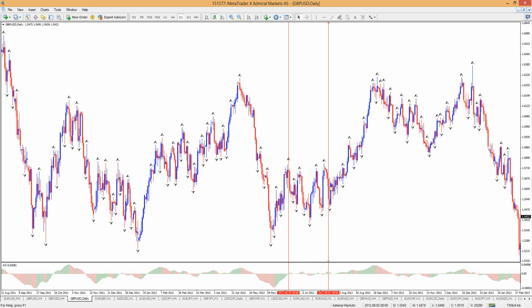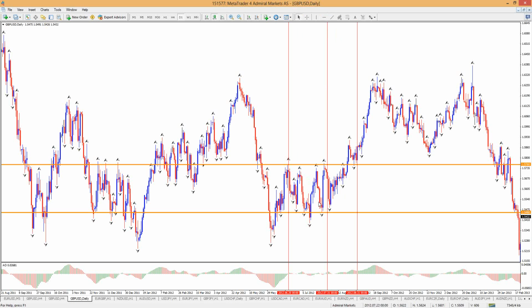This is end of July, and this is end of August. Oh, sorry. Actually, it's September more that moved. But you can see, from 20th of June to end of July, I mean, if you zoom in on a Forex chart, you have movements, but on a day chart, you clearly see that it's kind of bouncing up and down, right?